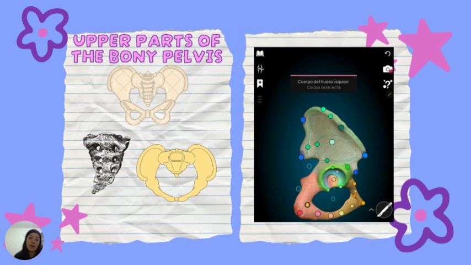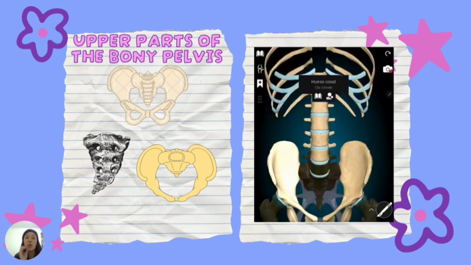In this video, we can see the two hip bones, and each bone is divided into different parts: the ilium, the ischium, and also the pubis. In the next images and videos, we can see it more specifically.